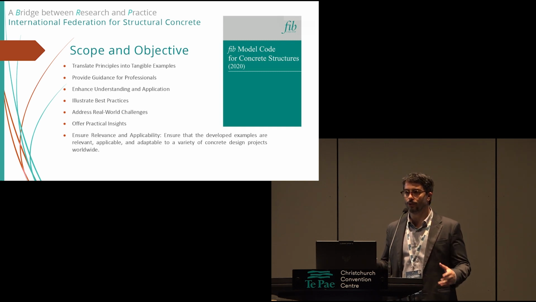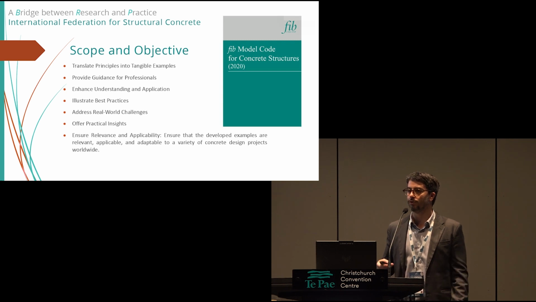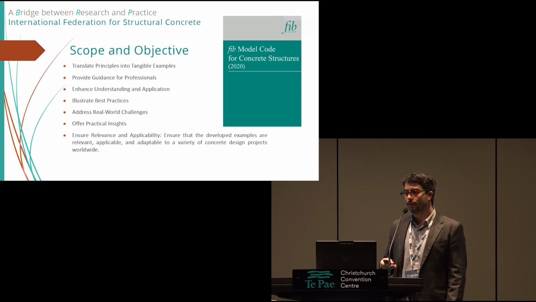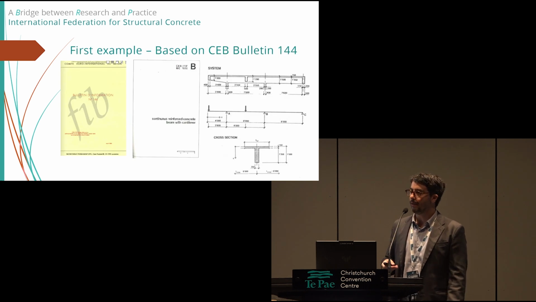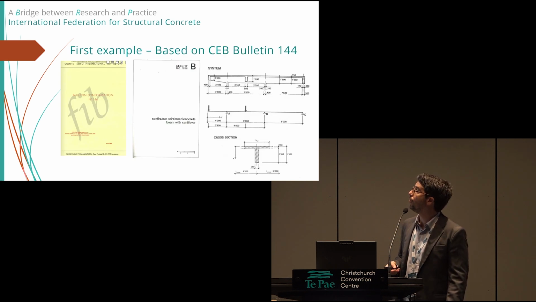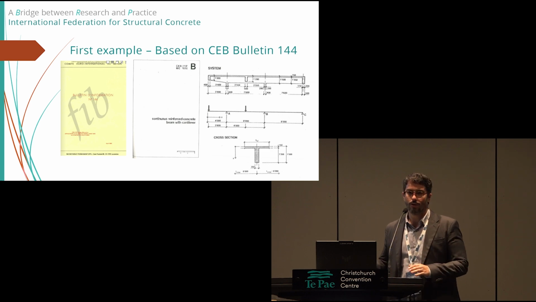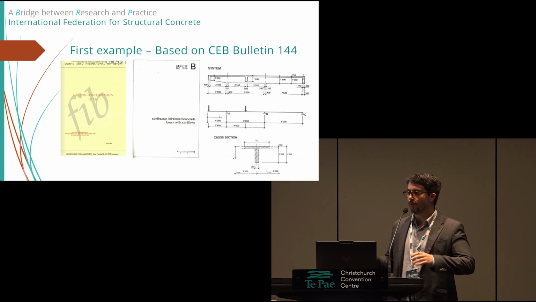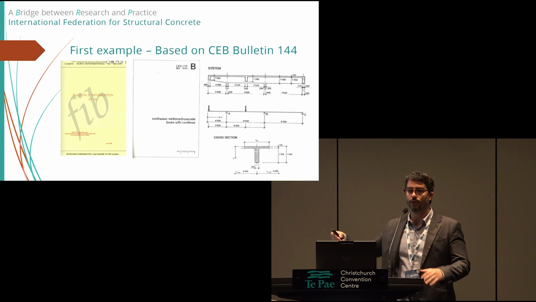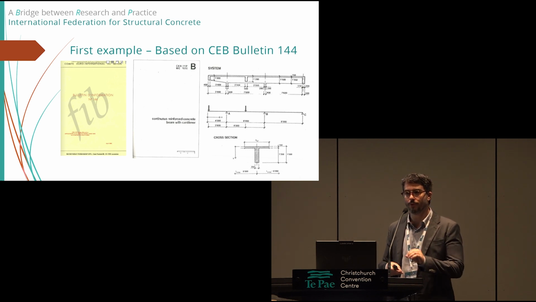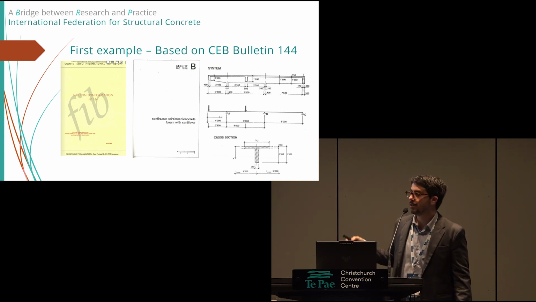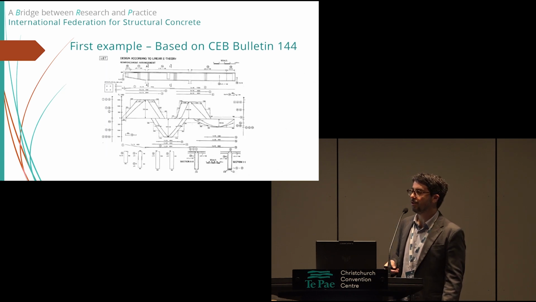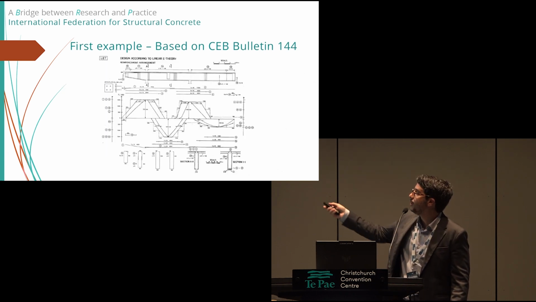So we were asking ourselves, where do we start? What do we do? How are we going to do this publication of examples? And we found out that FIB, actually CEB, already had this book of examples from the model code of 78. So we found out that these examples were good back then, so we will start from that, and we will evolve. The first example that we chose was a continuous beam with this section here with a few loadings.